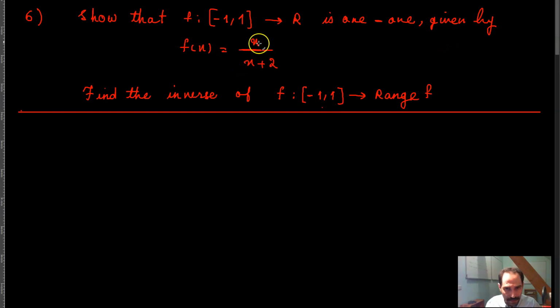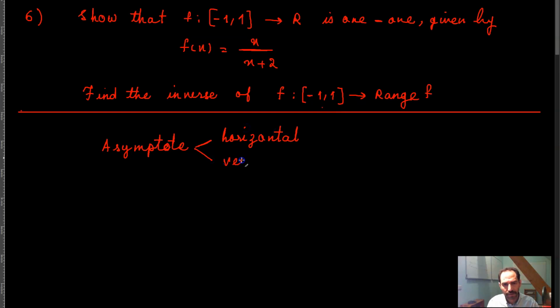So first of all, these functions are interesting in that they are rational functions, and with these rational functions you get asymptotes. There are two types of asymptotes: horizontal asymptotes and vertical asymptotes.